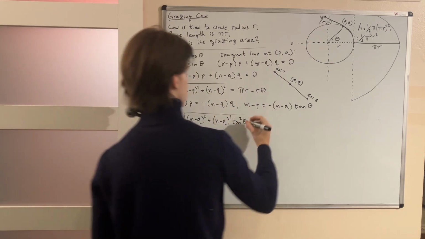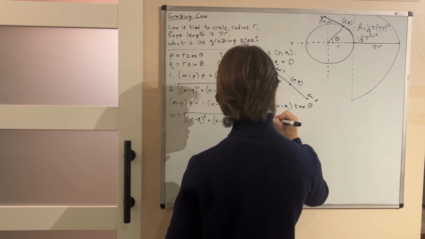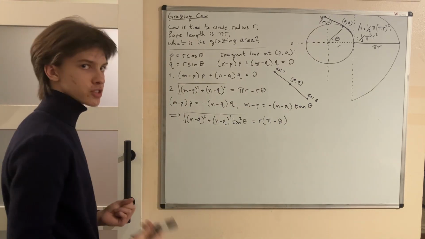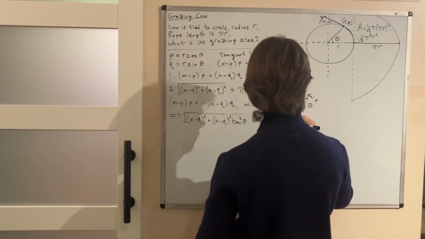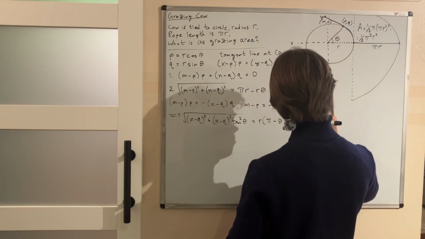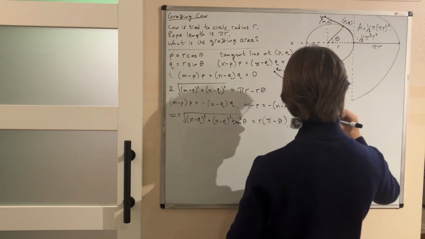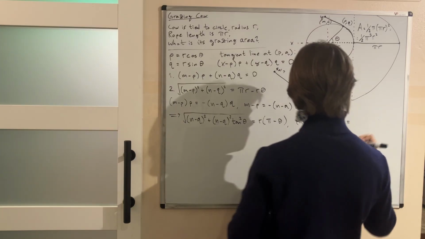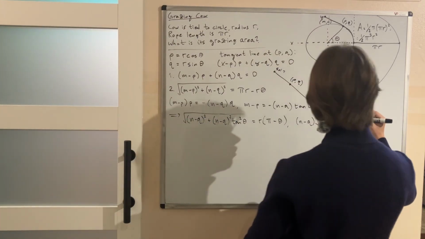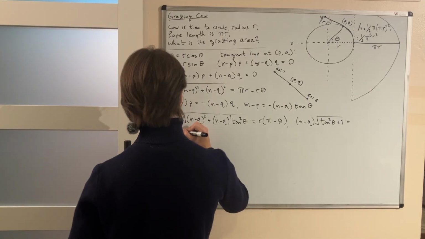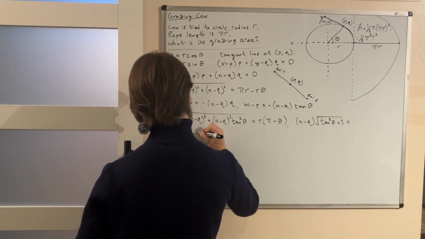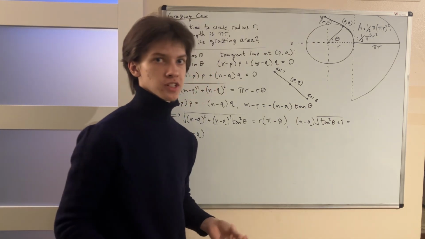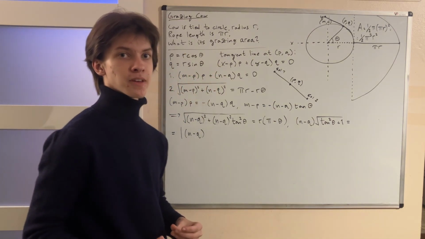This is equal to r times (pi - theta). And so we can take the (n - q) term out of here and get (n - q) times the square root of tangent squared of theta plus 1, which is equal to the absolute value, I'll write it here, the absolute value of (n - q) times, recall that inside the square root is the secant squared of theta by the Pythagorean identity.